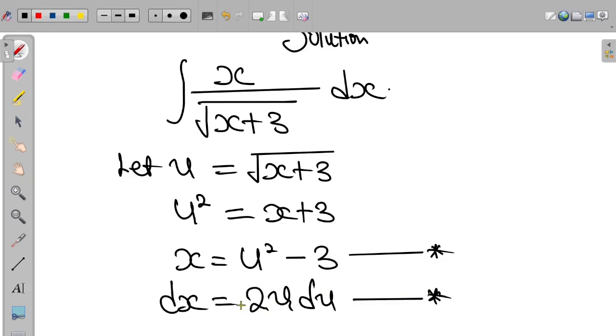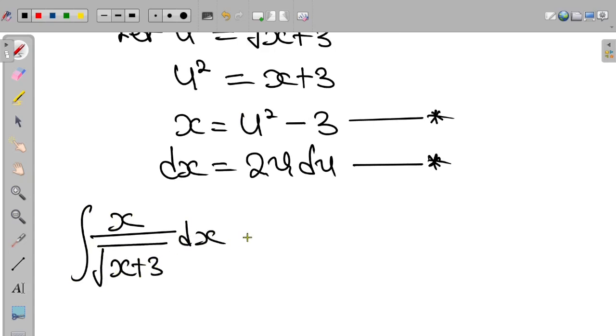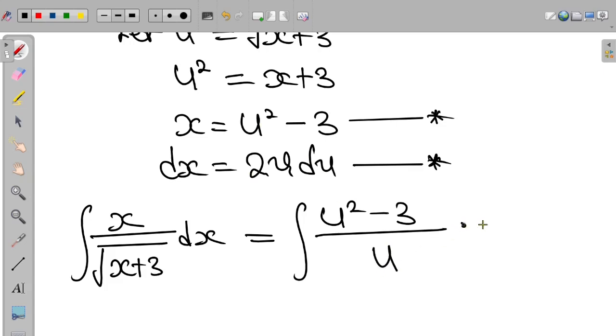So we have to substitute the value of x and dx into the integral. So this integral of x divided by root of x plus 3 dx becomes integral of x, which is given as u squared minus 3, all divided by root of x plus 3, which is given as u, and dx is 2u du.